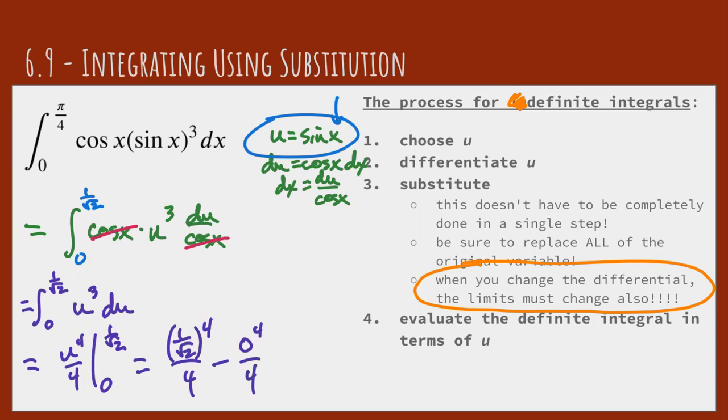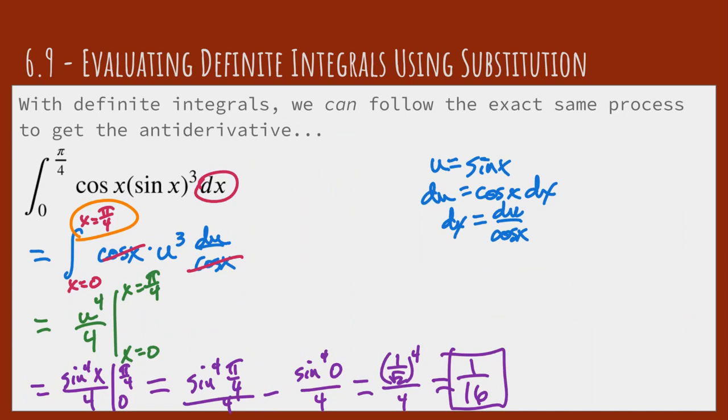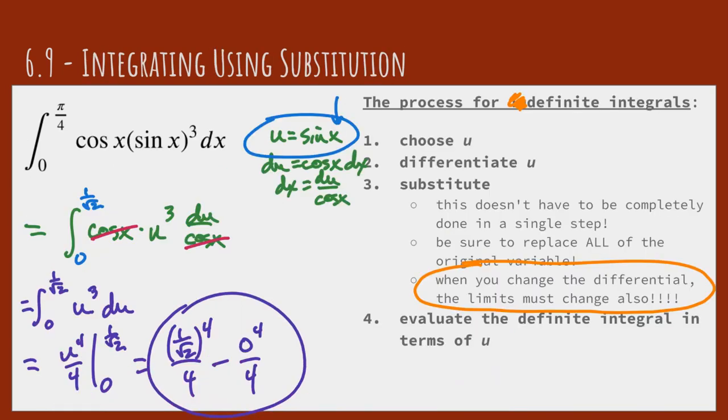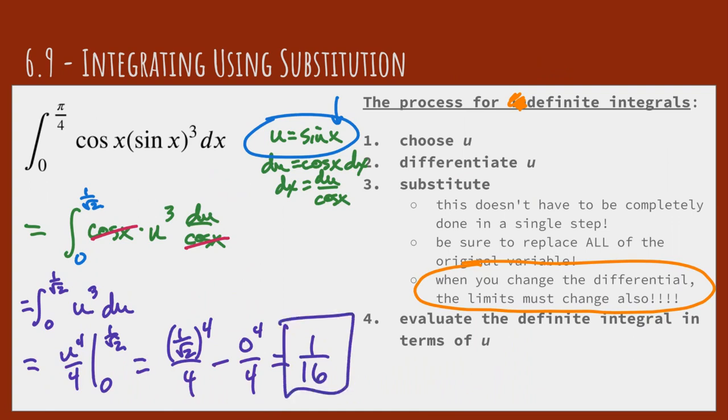Notice that what we have here is equivalent to, in the other method, what we have here with the minus 0 in there. And so we were able to skip over the part where we put x back in, and then where we substituted pi over 4 and 0 in for our function. So we're skipping over 2 of these steps by not substituting back to x. And then we end up simplifying here and getting 1 over 16.